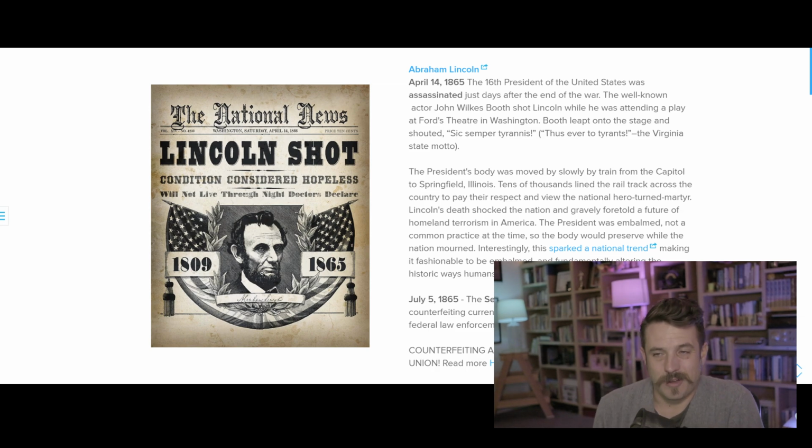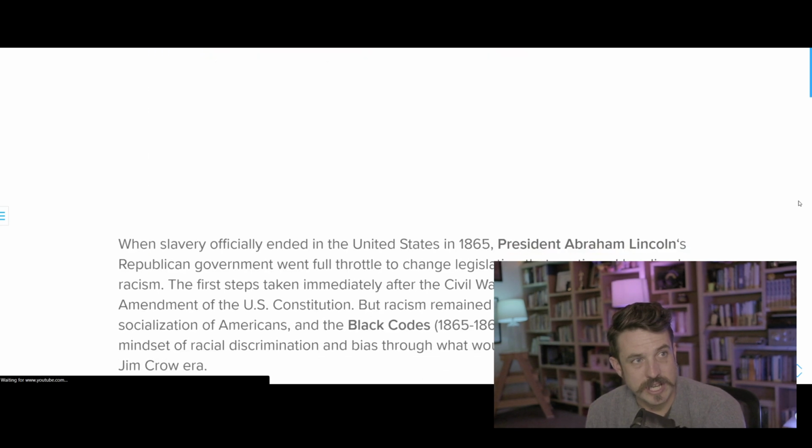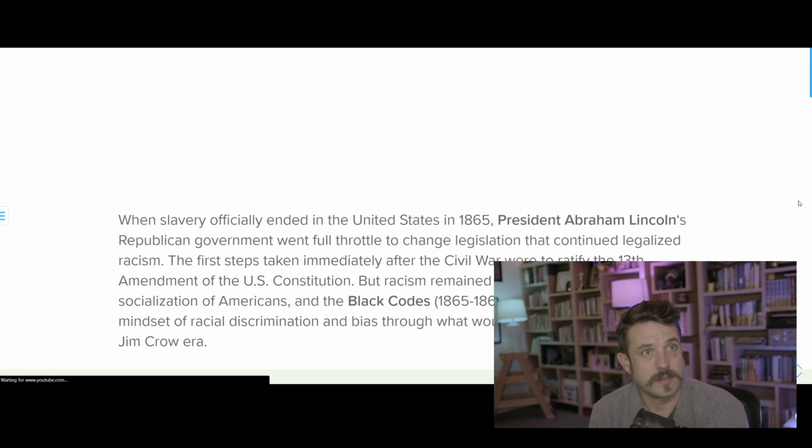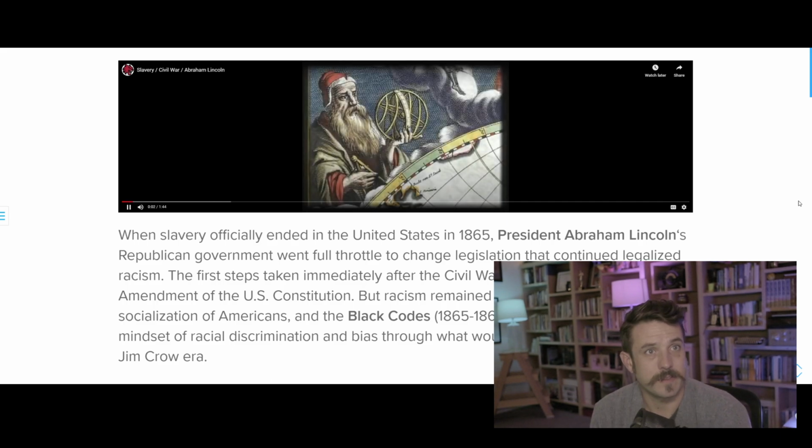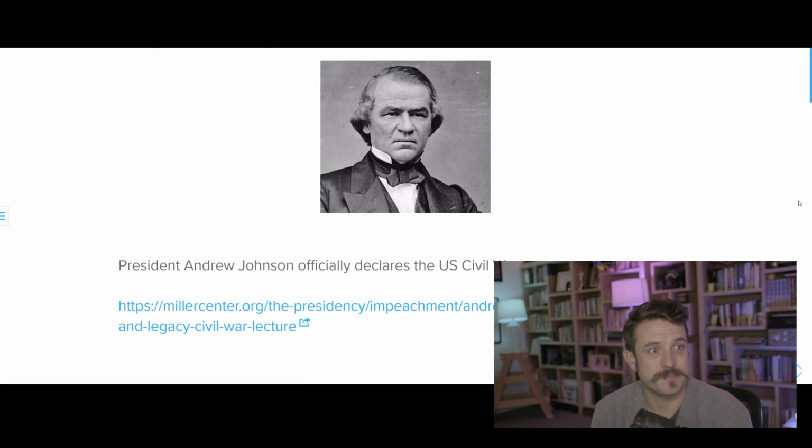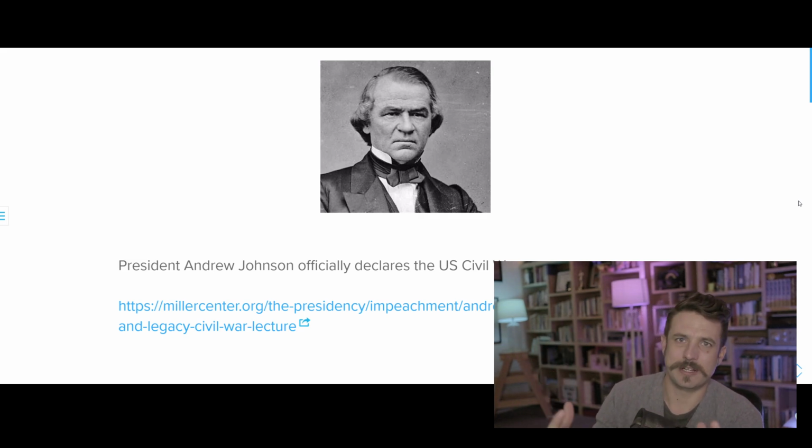Lincoln getting shot. Spoiler alert. Everybody knows this tragic moment happens. But what we often don't consider as much as we should is that the nature of his successor, Andrew Johnson, also dramatically shaped the course of American history, because after the war, you have a very malleable country, right?